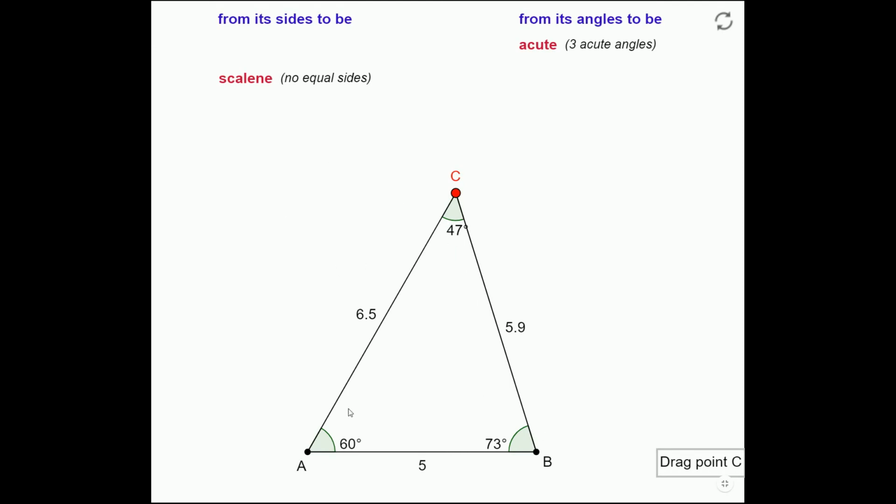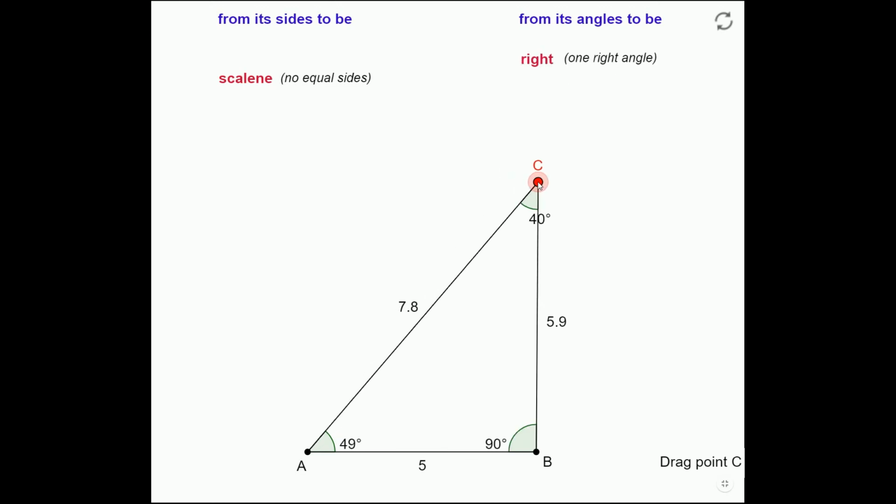And also, the three angles have different measures. Now, if one angle is equal to 90 degrees, it's also scalene, since the three sides have different lengths. But if one angle is a right angle, we don't call it a scalene triangle anymore. We call it a right triangle.